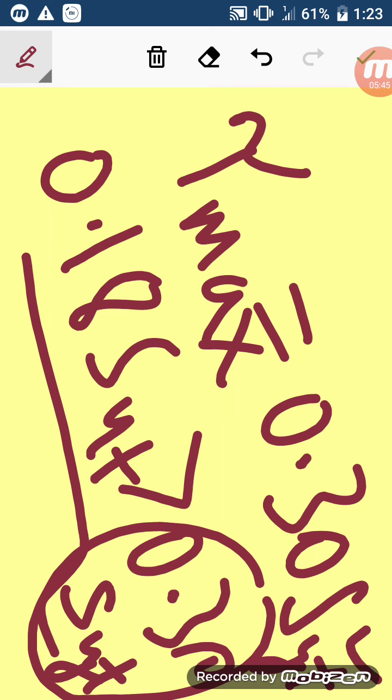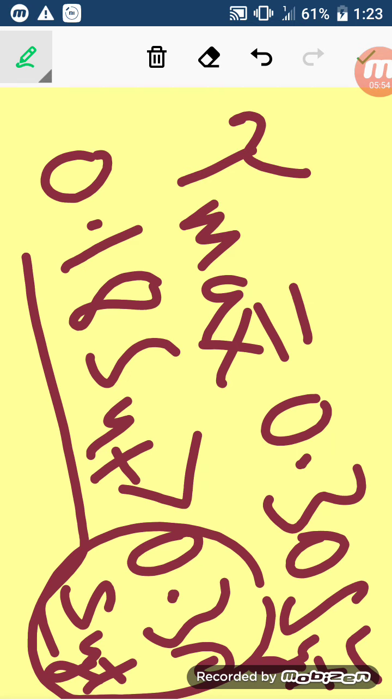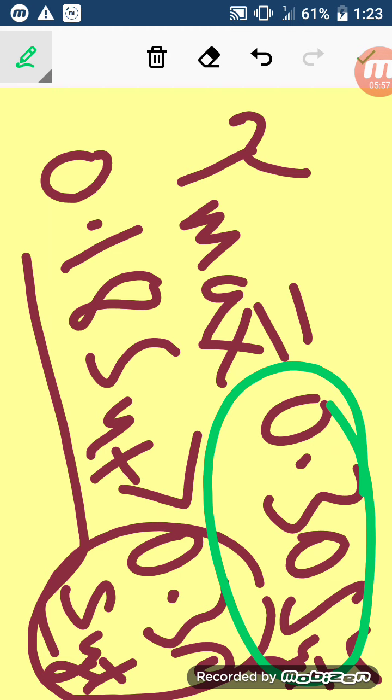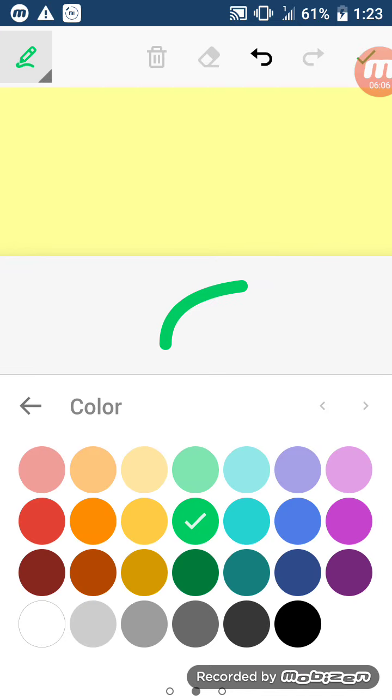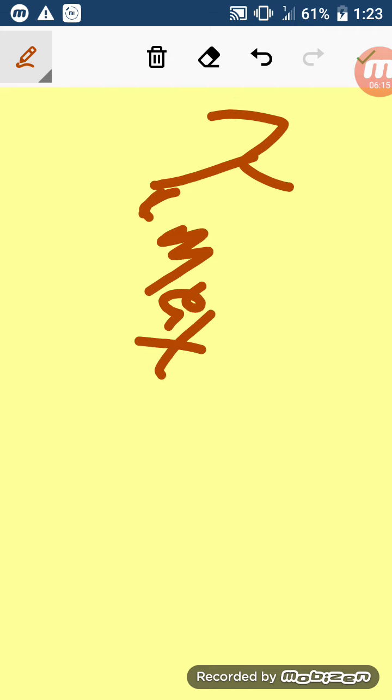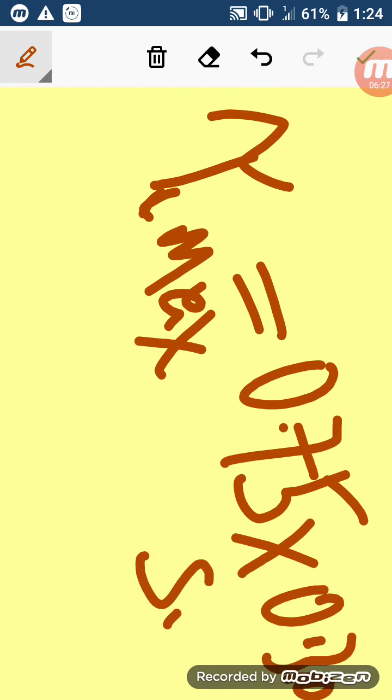If our shaft has keyways, we further reduce this value by 25%, so my permissible stress will be tau max equal to 0.75 into 0.30 SYT.